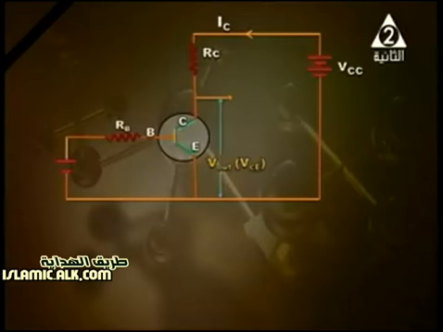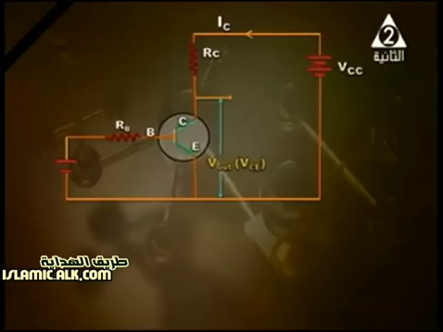In front of you, we've got a circuit. And there is something very important. You should focus on the base, because the base controls the device. Is it connected to a positive voltage? If it is connected to a suitable positive voltage, a current passes through the base and a current flows through the collector.